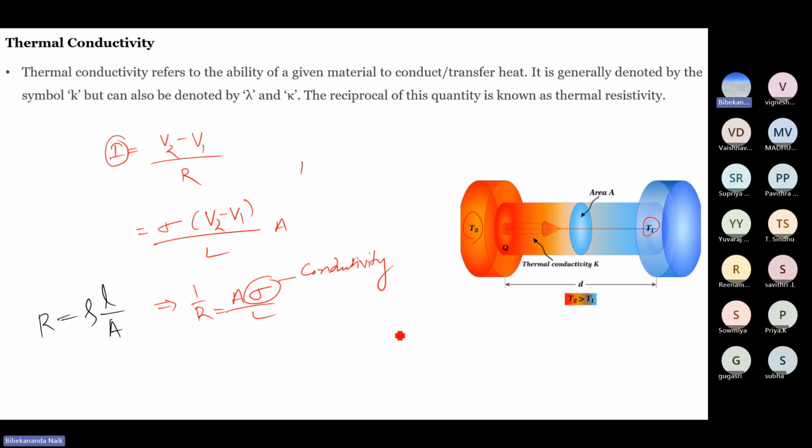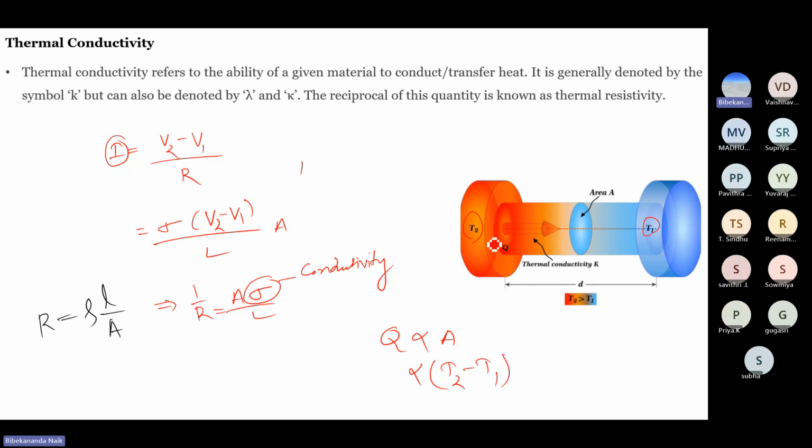The total amount of heat Q transferred is directly proportional to the cross-sectional area, because the more the cross-sectional area, the more heat will flow from the hot body to the cold body. The rate of flow of heat is also directly proportional to the temperature difference, T2 minus T1. If the temperature difference is more, the rate of flow will be more. It is also inversely proportional to the distance D.